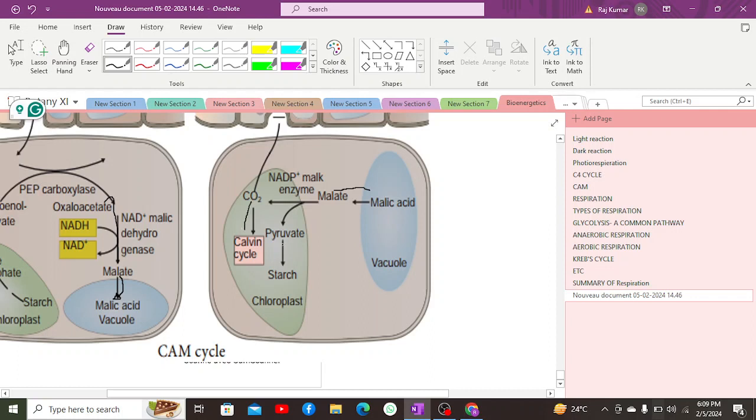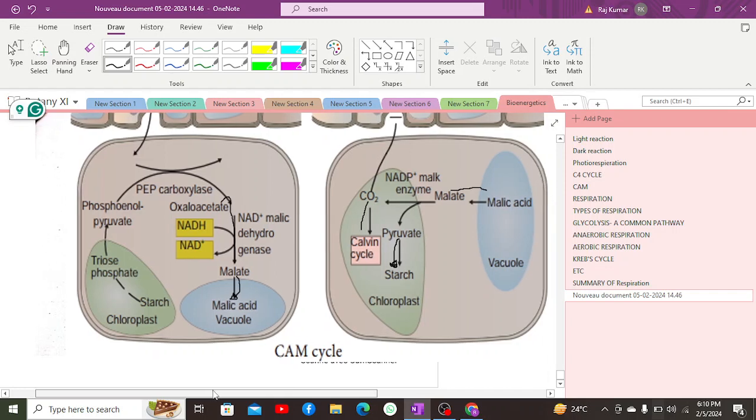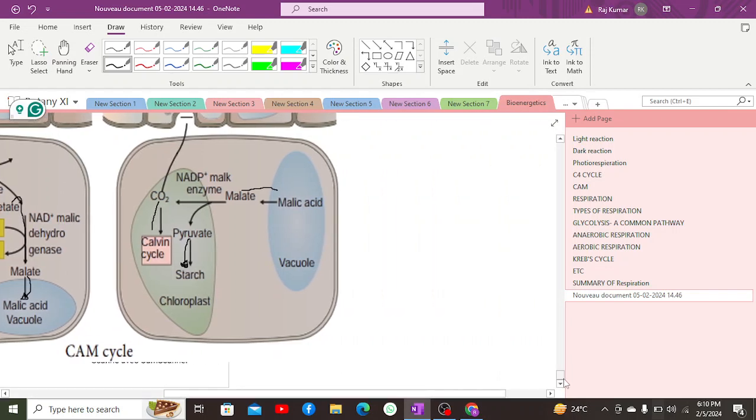Pyruvate will be sent towards the chloroplast, where it would be stored in the form of starch. Pyruvate will further be phosphorylated and converted into phosphoenol pyruvate. This is the basic process occurring.